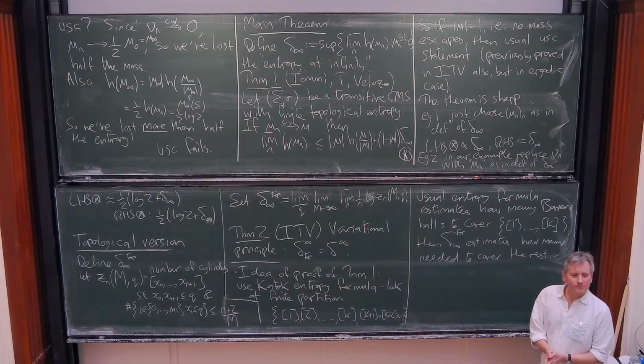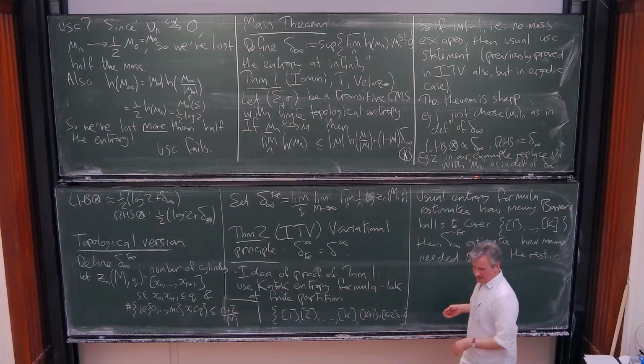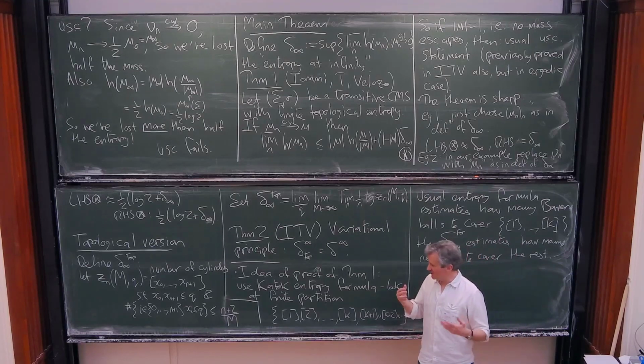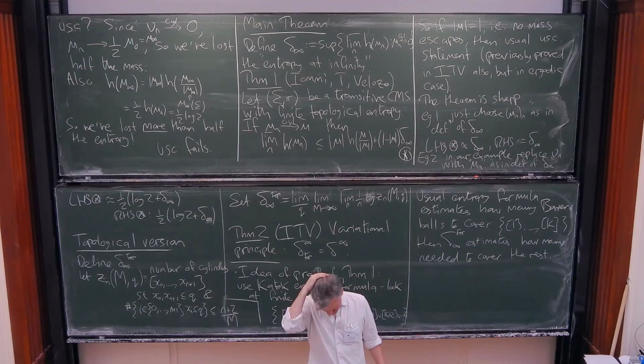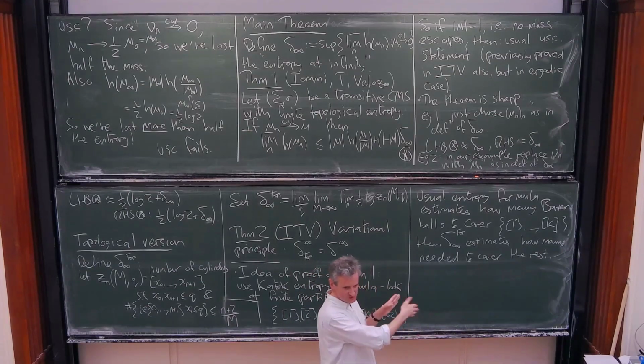What is the Katok formula? Without writing it, it's asking how many Bowen balls you need to cover a set of measure 1 minus epsilon.